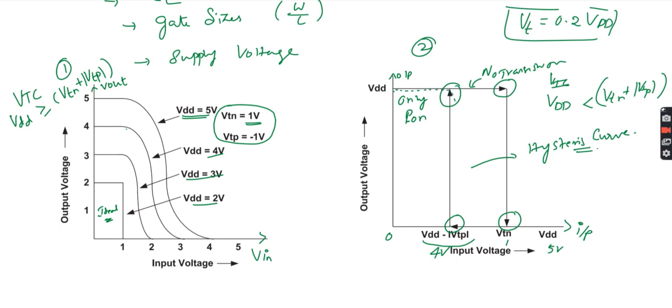It will go in this way. Your transfer curve will come like this. This is your VTC curve, right? See, up to here the PMOS is on. In this center place here, no transistor is on, because of VTN less than that, both the PMOS and the NMOS will be in cutoff region. So both the PMOS and the NMOS are in off condition.